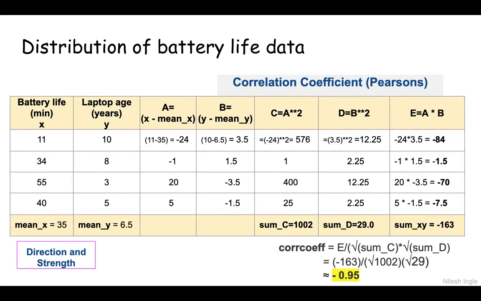So in this case, minus 0.95 is closer to minus 1, and therefore we can say that there is a very strong relationship between battery life and the age of the laptop. So the older laptops do seem to have much lower battery life as compared to newer laptops. So that's the takeaway message from this.